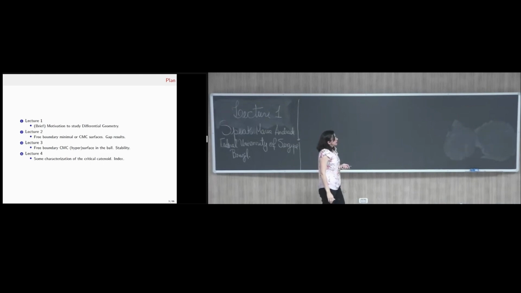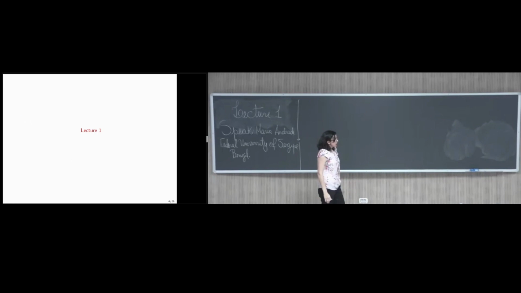Okay, let's begin. In this lecture, I give some motivation to study differential geometry. As I said before, it's very simple today, but I think it's important to talk about this, especially if we have some master students.